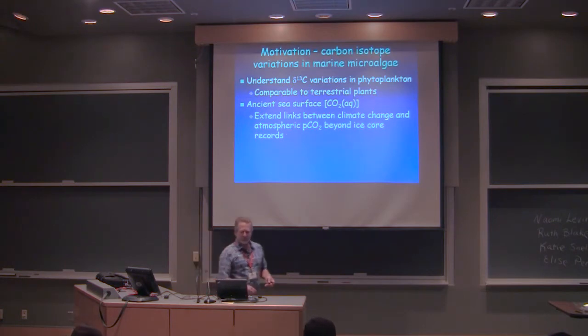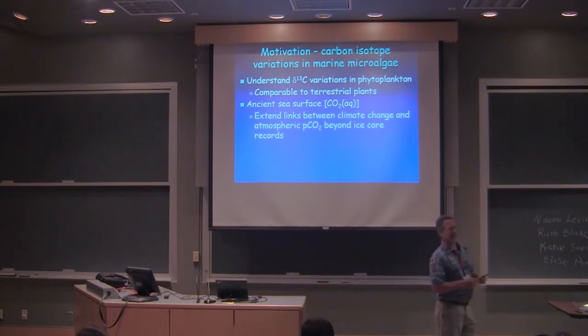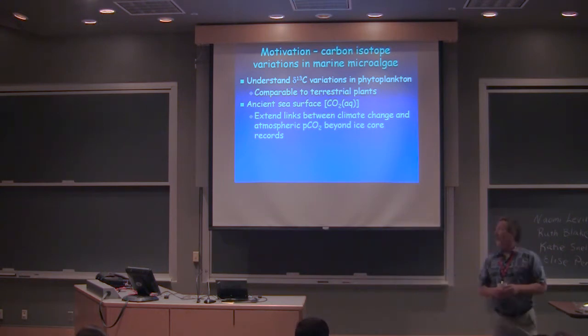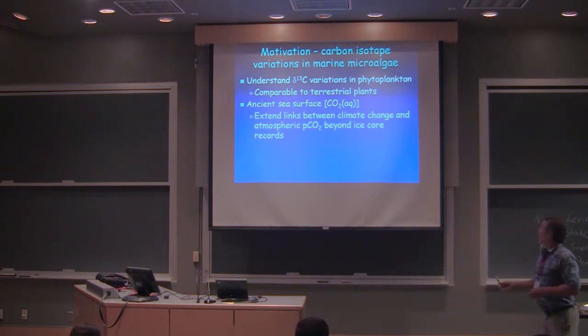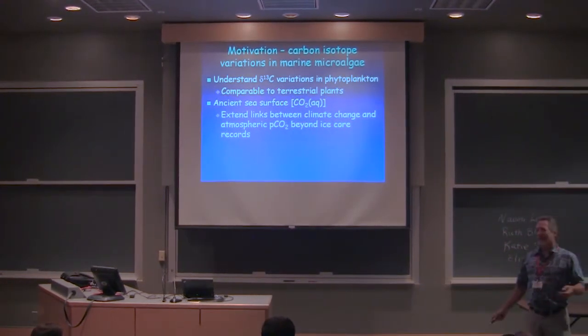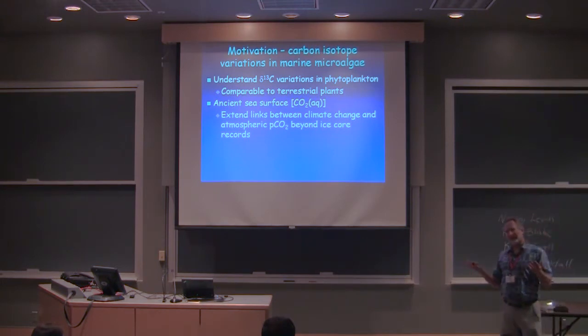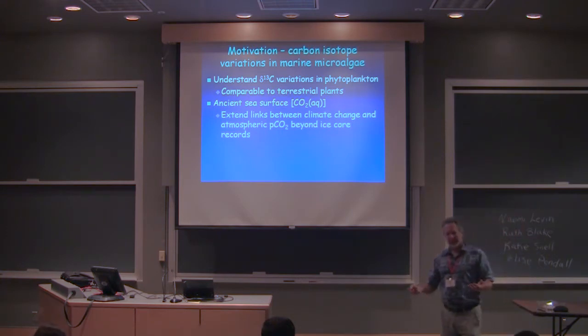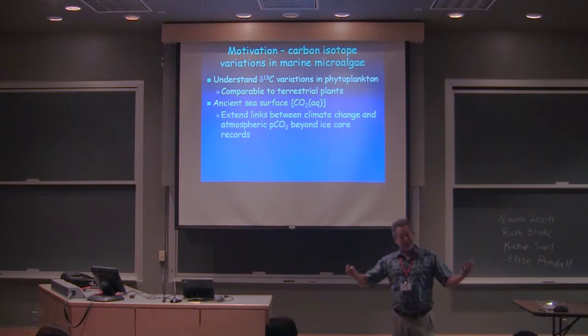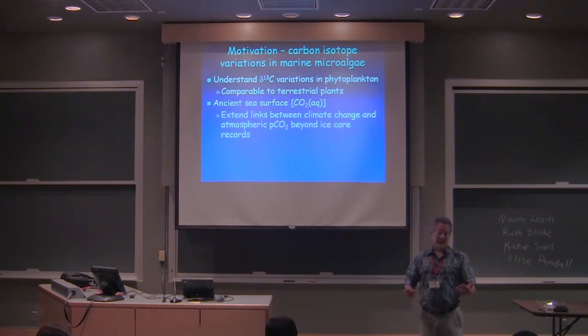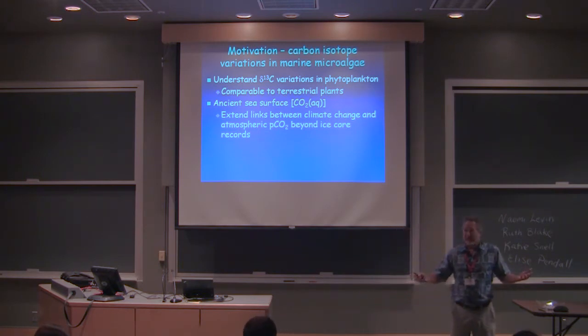Okay. The motivation for understanding carbon isotope variations in marine plants is really to understand how carbon dioxide levels in the ocean have potentially changed through time. When you think about the flux of CO2 into a plant, the flux into the cell is going to be governed by the concentration of CO2.